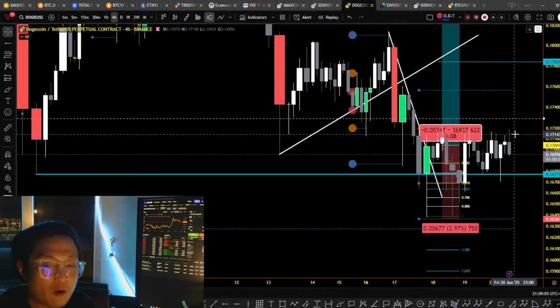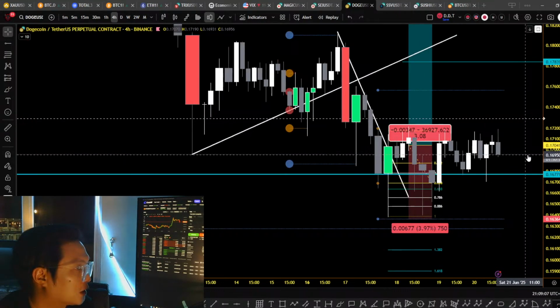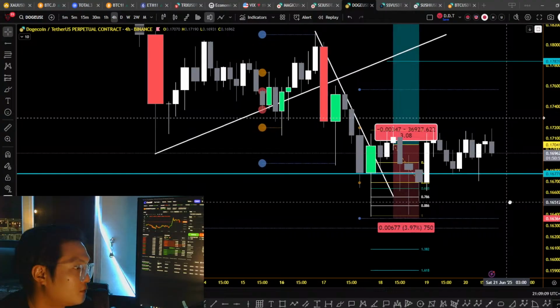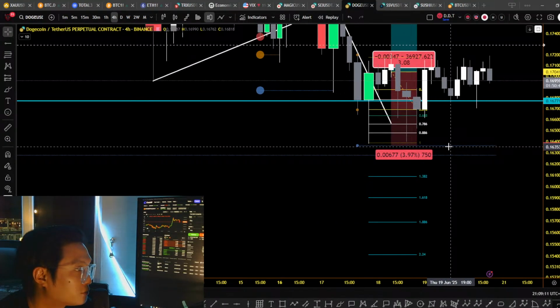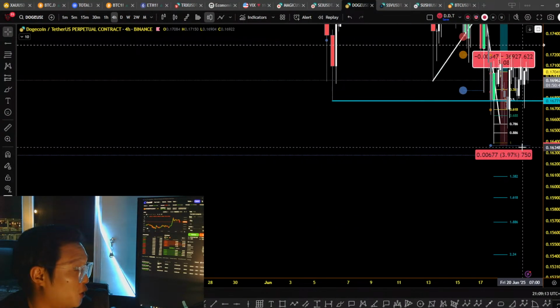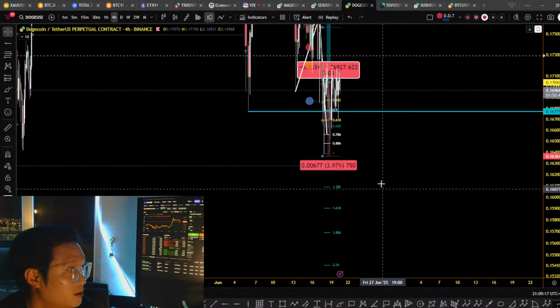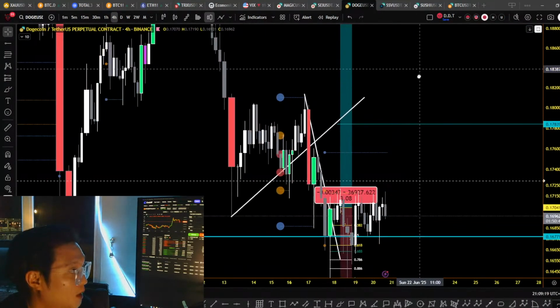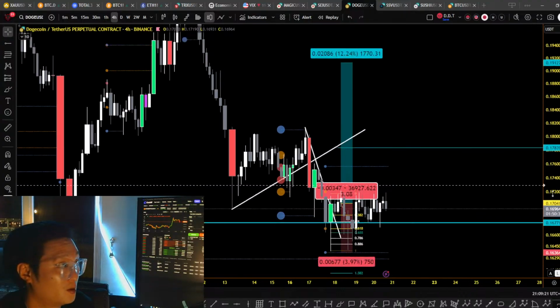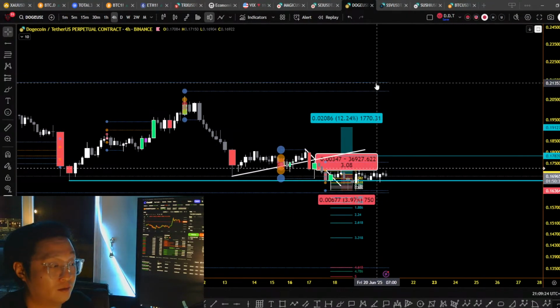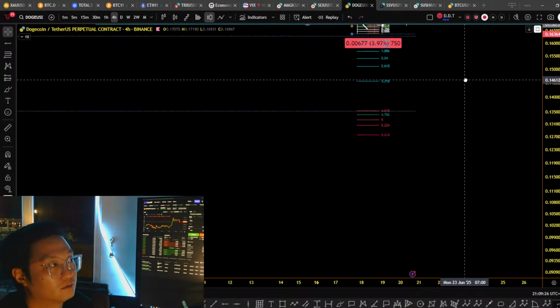That's what we call a force break. So with the current condition you have to be careful. As long as our stop loss is around here it's still safe, because there's liquidity here, liquidity above, and liquidity above here and below here.